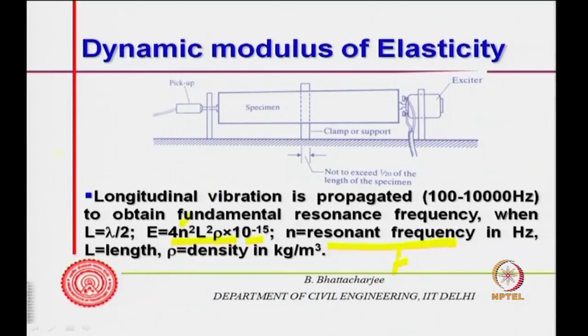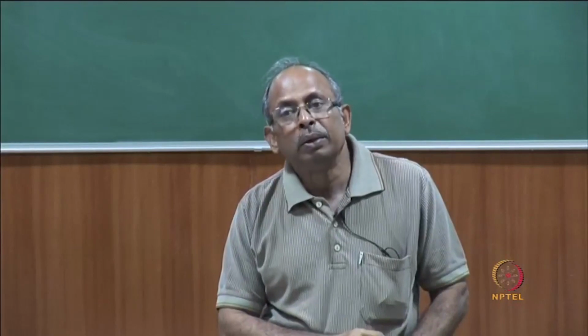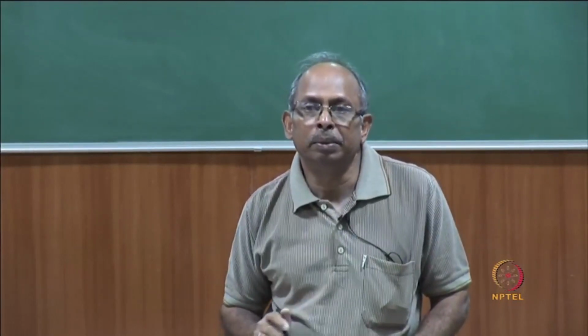So, E is proportional to rho V square, all right. And V is given by n lambda, and from that you can find out E. Knowing the density of the material, you have an assumed or measured density, from that you can find out the modulus of elasticity. So, dynamic modulus can be determined in this manner.